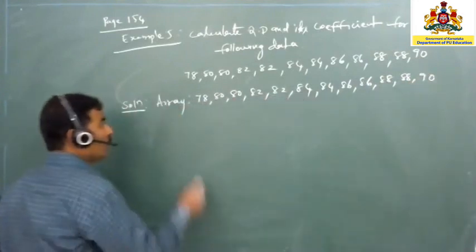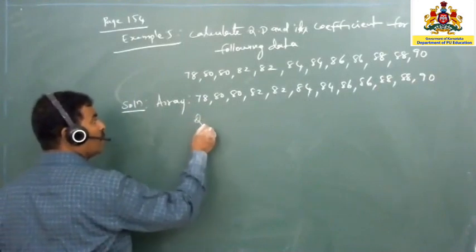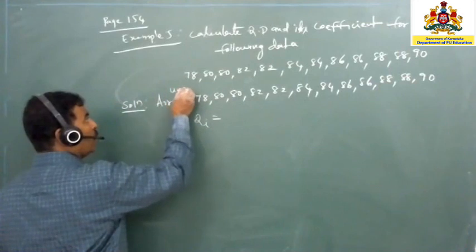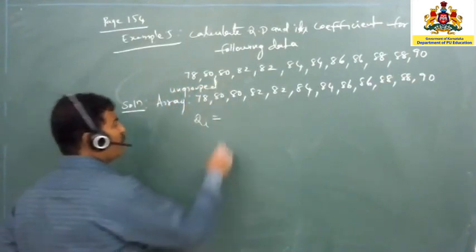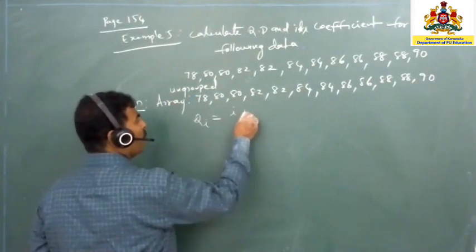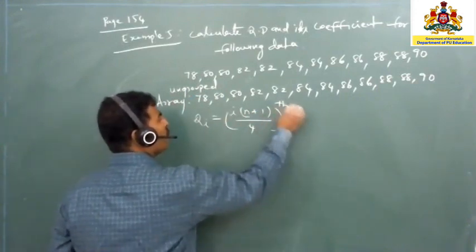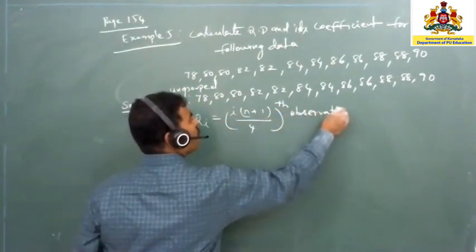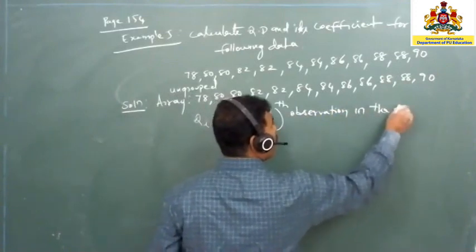Then from partition values, you have learned the general formula for Q for an ungrouped data. The data is ungrouped, which is important. For raw data, Qi equals i into (n plus 1) by 4th observation in the array.